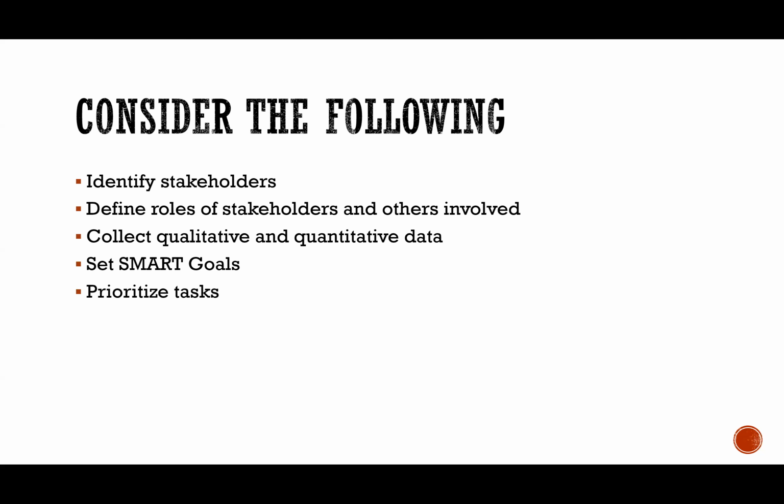The fifth one, prioritize the tasks. Yes, we might be very ambitious in where we want our schools to be, but we can only do one thing at a time. Setting realistic goals will boost the morale of the whole school community.